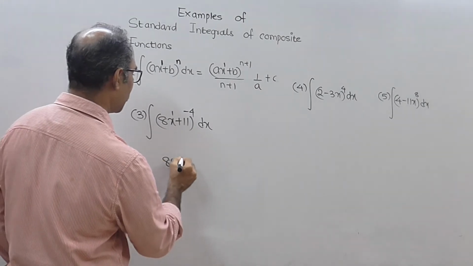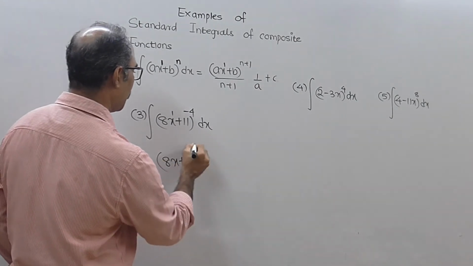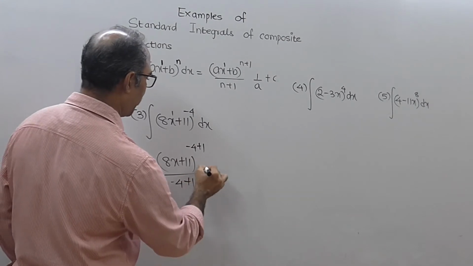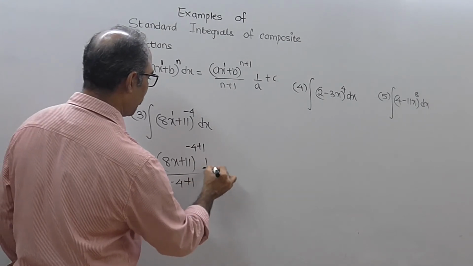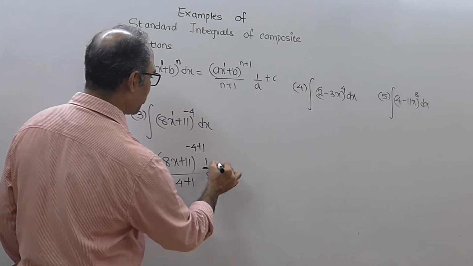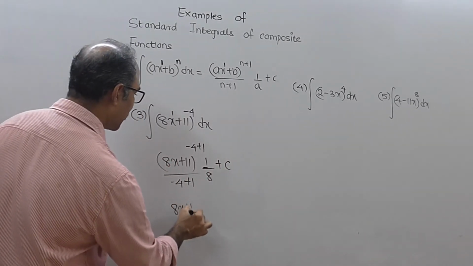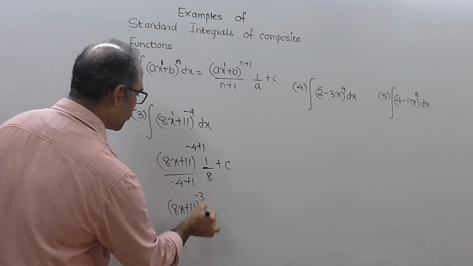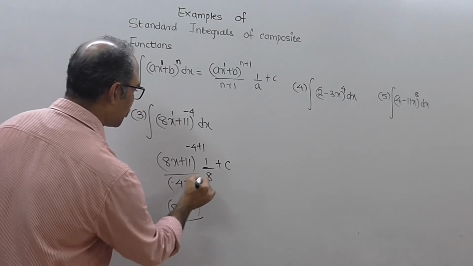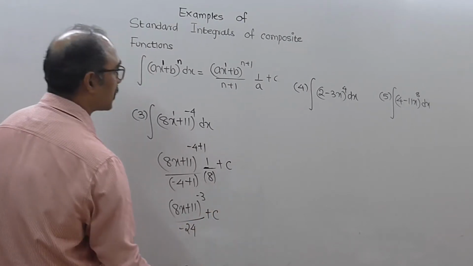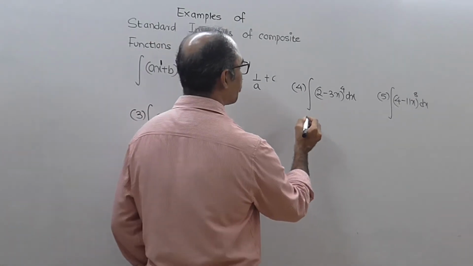This is 8x plus 11 to the power minus 4 plus 1 upon minus 4 plus 1 multiplied by 1 upon coefficient of x, that is 1 upon 8 plus c. So this becomes 8x plus 11 raised to minus 3. I think this is minus 3 into 8. The answer will be minus 24 plus c. Next sum.